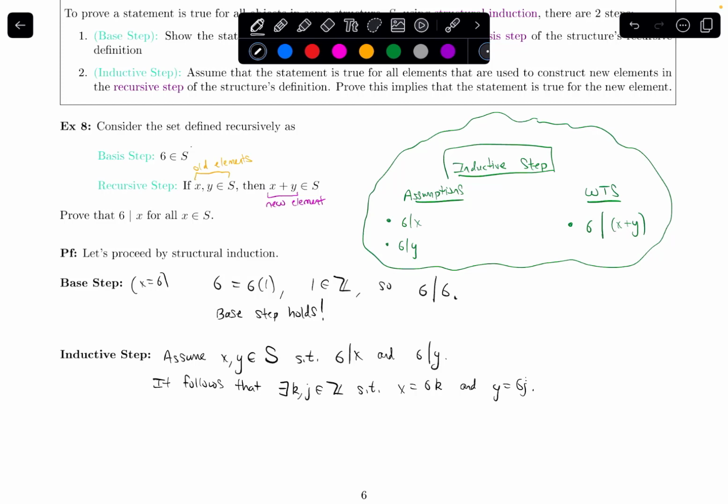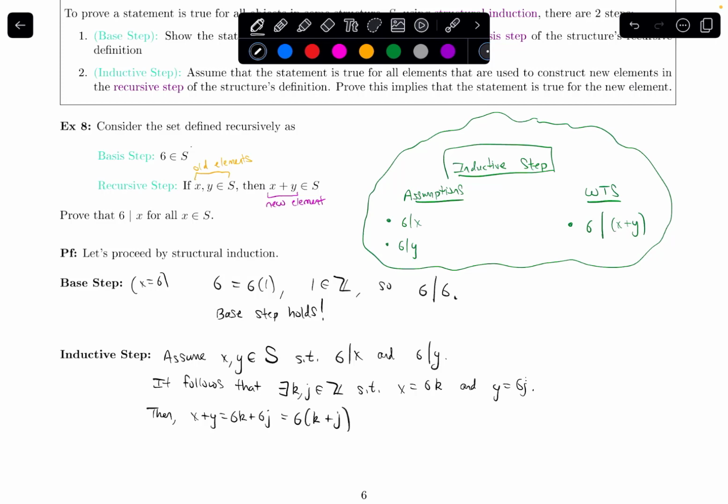What I'm hoping to show is that 6 is going to divide x plus y. So let's add the two equations together. Adding them, x plus y will be equal to 6k plus 6j. And I can factor out a 6 to get 6 times (k plus j).